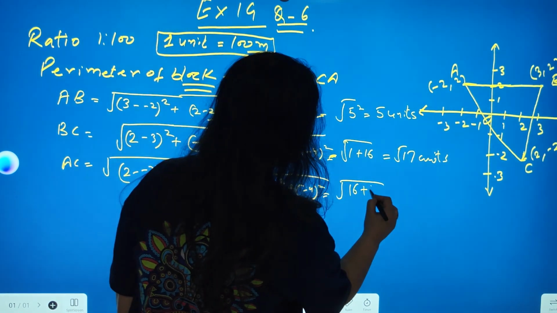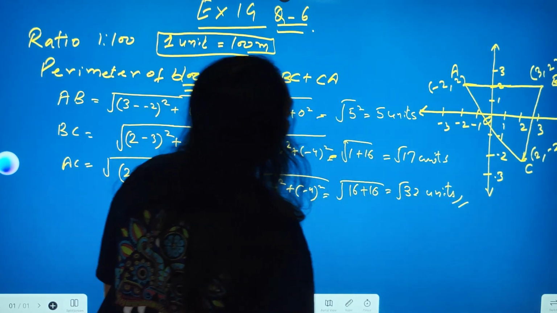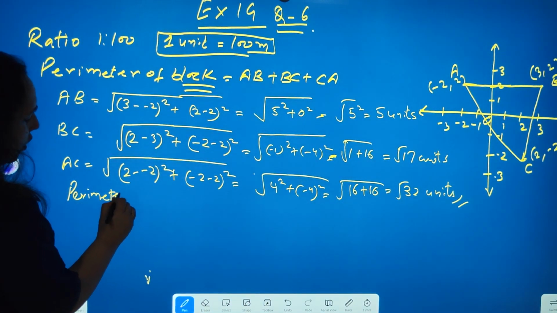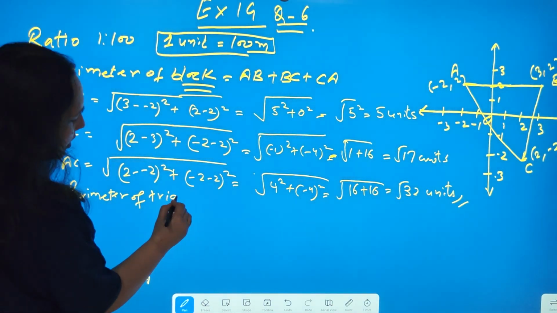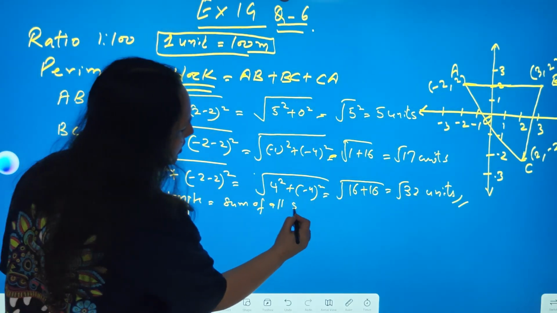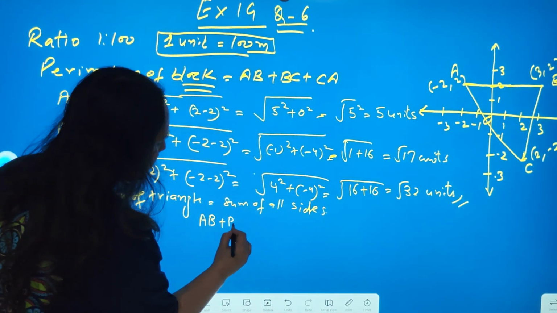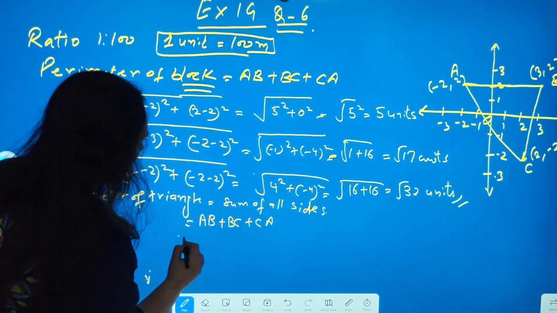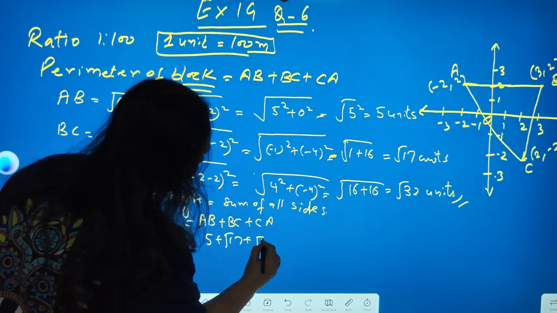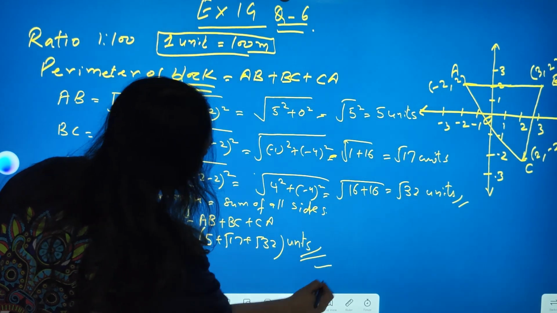That means 16 plus 16, which is equal to root 32 units. Got it? Now what is its perimeter? Perimeter of triangle is equal to the sum of all sides, which is AB plus BC plus CA, and that will be equal to 5 plus root 17 plus root 32 units. Got it? This is its perimeter.